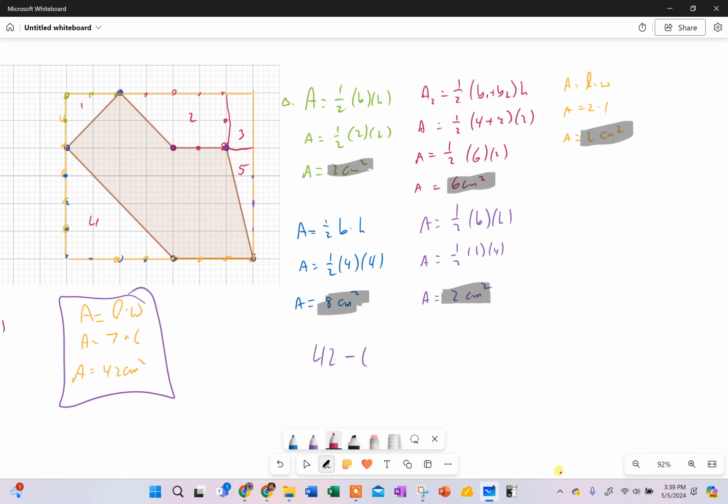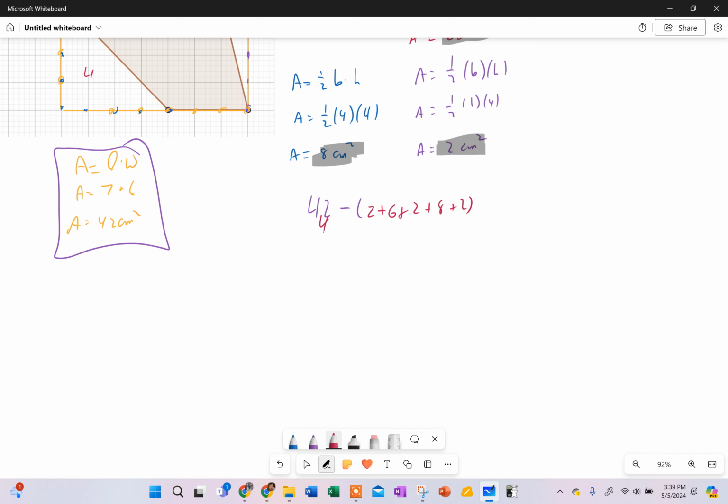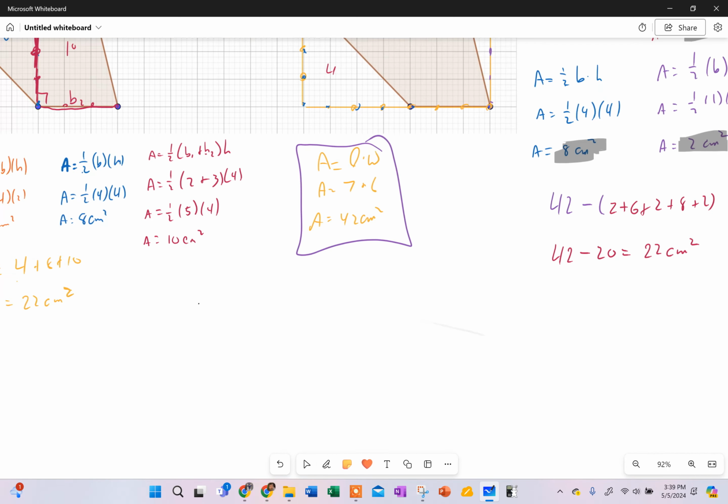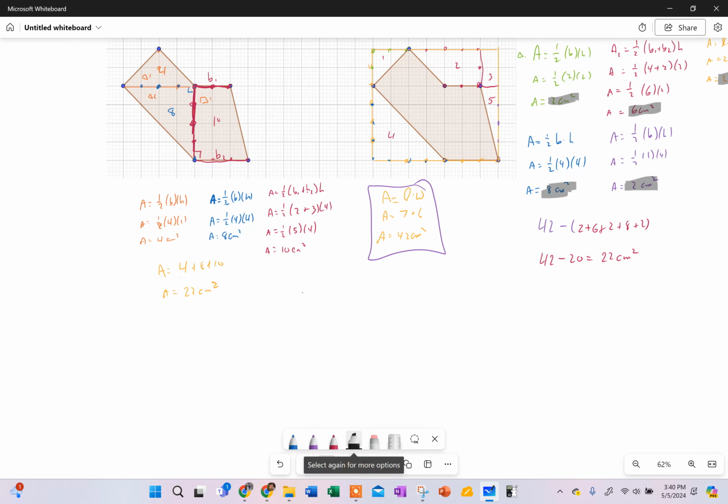So let's see. 2 plus 6 plus 2 plus 8 plus 2 gives me 20. So 42 minus 20 equals 22 centimeters squared. And if I've done this right, we should have the same result. And sure enough, we do.